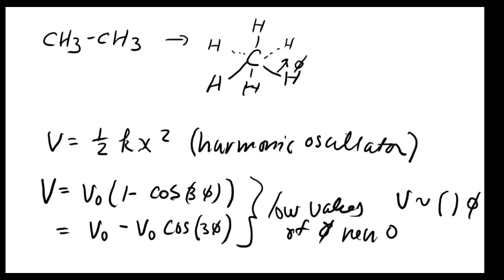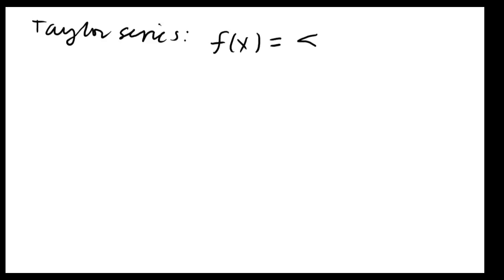Let's take the suggestion in the problem and apply a Taylor series. Let's first review what a Taylor series is. Taylor series says that any function, let's make a function of x, can be represented as the sum, as i goes from 0 to infinity, of the ith derivative of that function with respect to x.